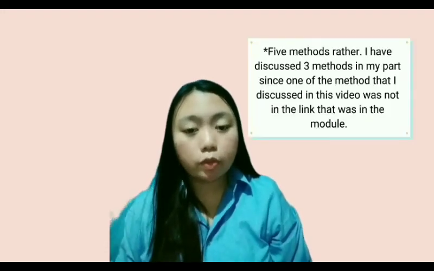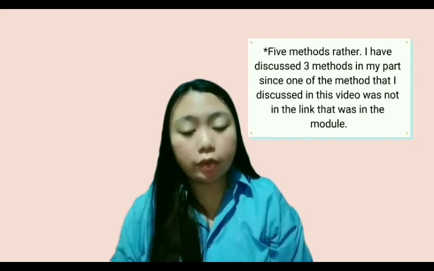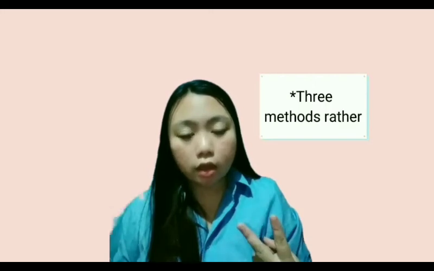I have mentioned in the earlier part of this video that we will be discussing the four methods of calculating the reliability of an instrument. In my part, I will be discussing two of the methods, and the other two will be discussed by my partner.